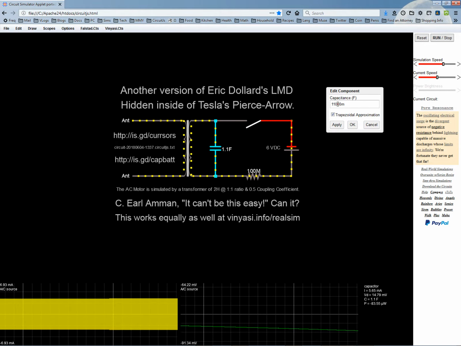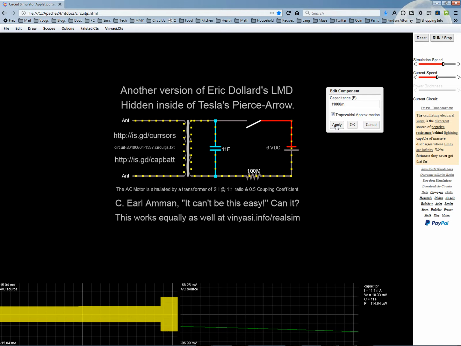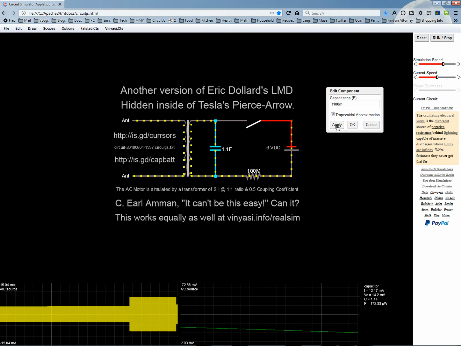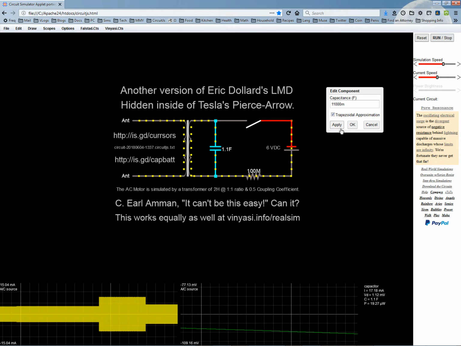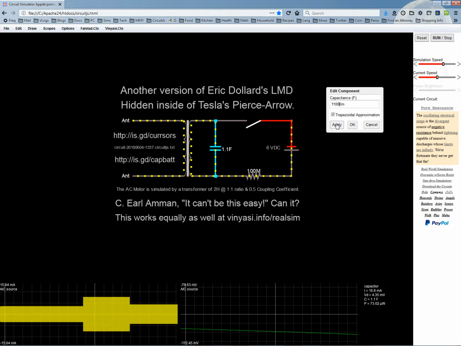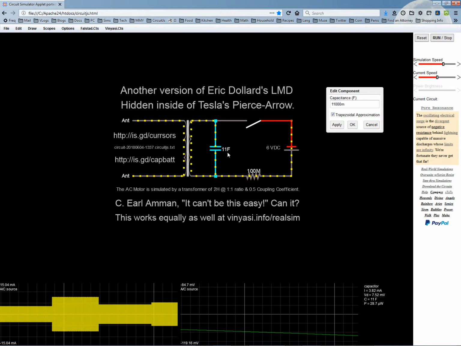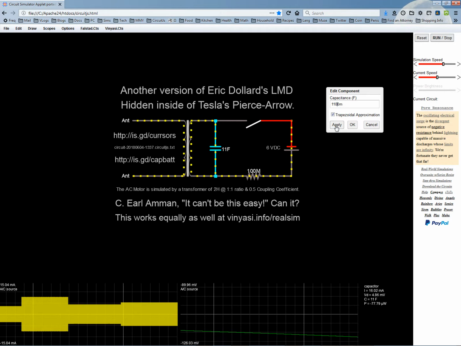So let's increase the farads. Okay, 15 milliamps. Let's take out a 0. Now it drops. And now we add 1. So I'm just going by a factor of 10 here. So you can see it here. This is 1 farad. Now we didn't get much gain, but that's okay. You take out 1 and apply it.